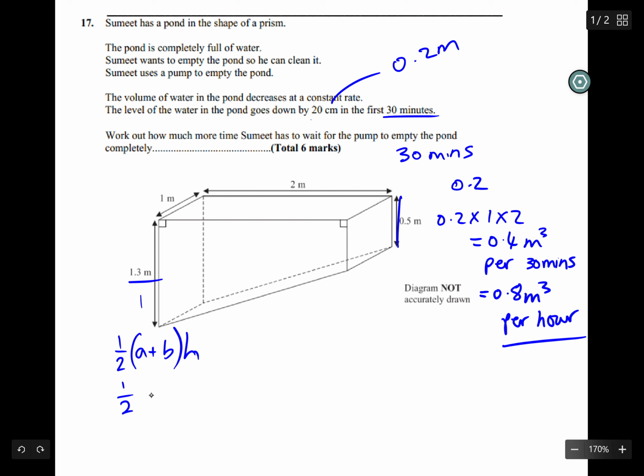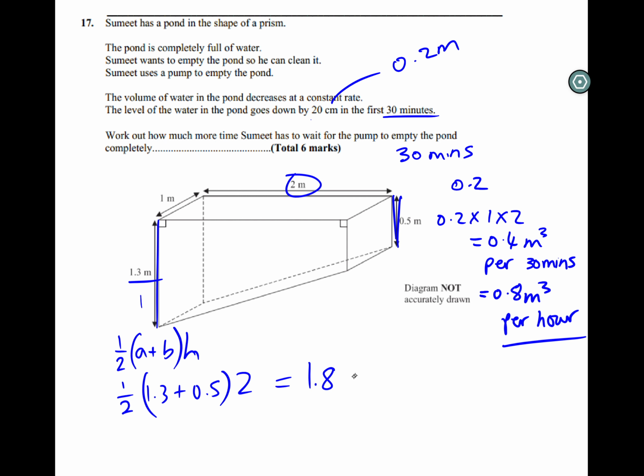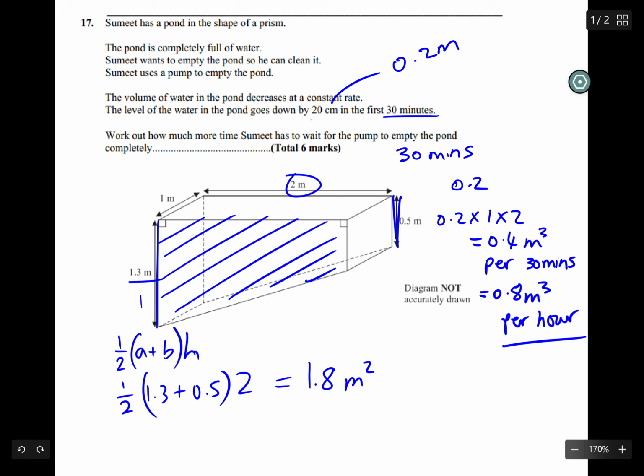So it's half times 1.3 plus 0.5, and the distance between the two lengths you can see is 2 times 2. That ends up being 1.8 meters squared. So we've just worked out the area of this trapezium, the face, and now we're going to multiply it by the depth.